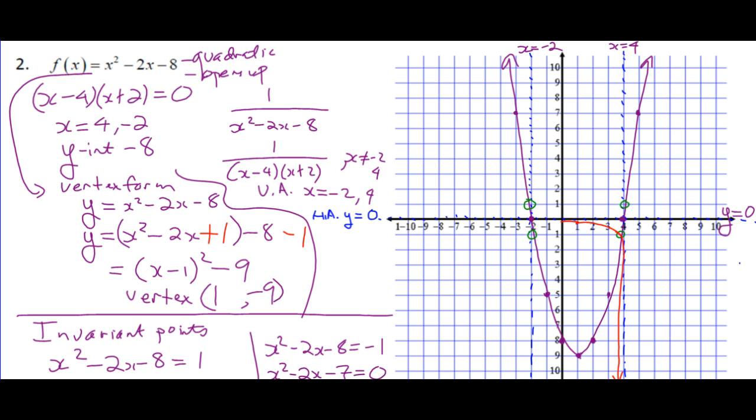This just stays kind of flattened out, goes through the invariant point, and then down the asymptote. And these values are getting bigger, so from the invariant point they get smaller and approach the asymptote. The same thing happens on this side. And as these get smaller, these get bigger, and up we go.